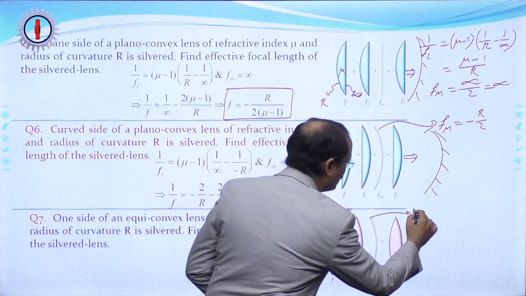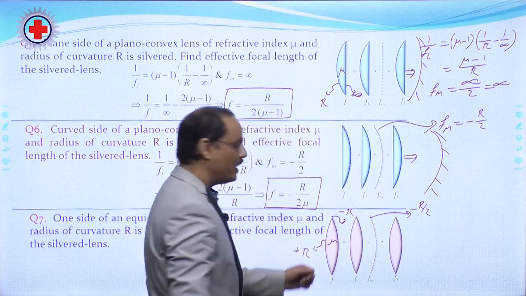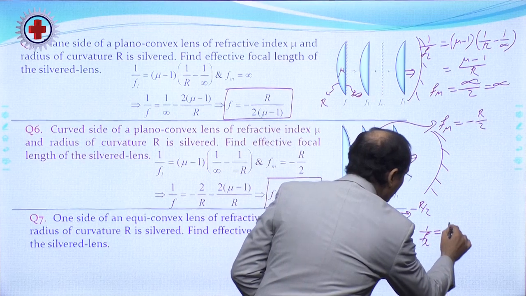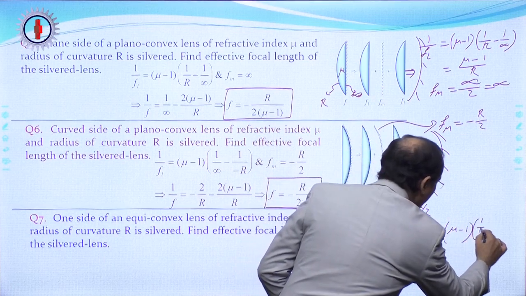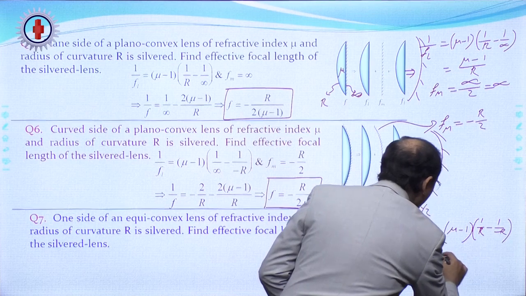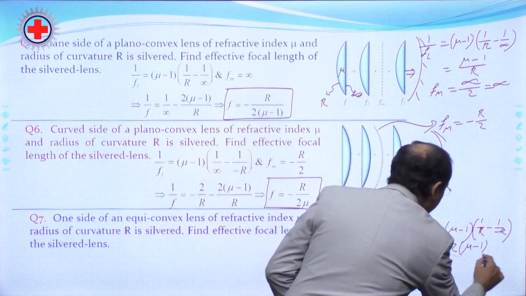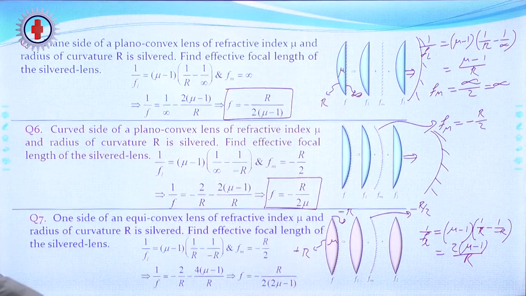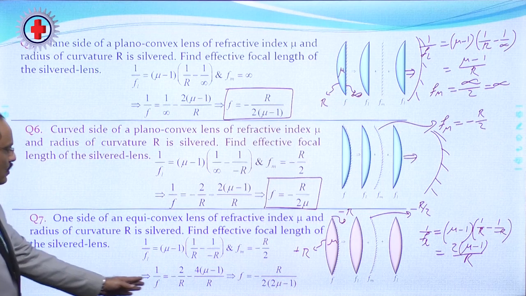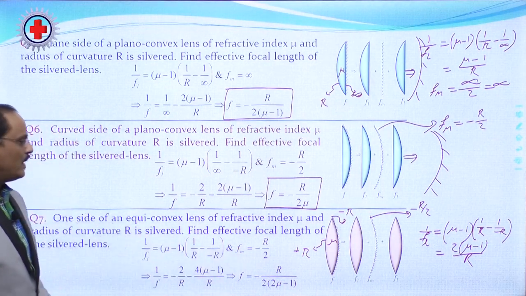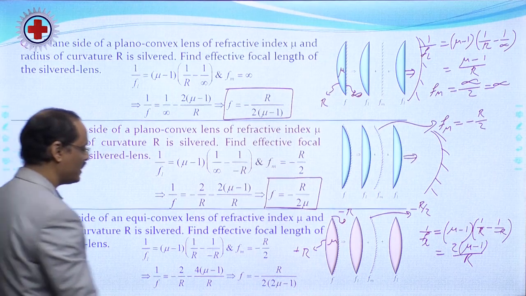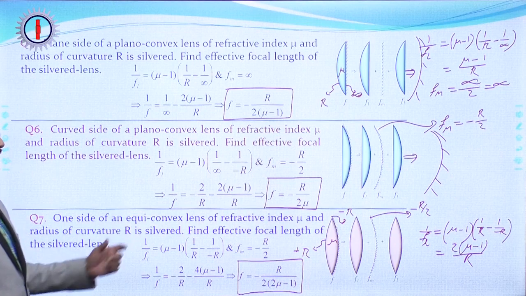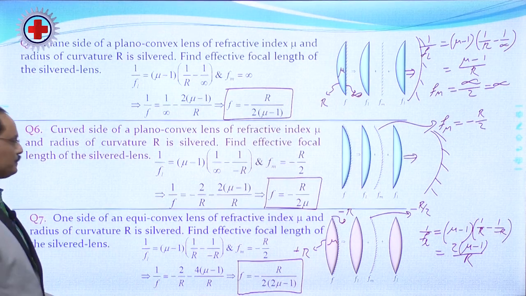For the mirror we have focal length minus r by 2, and for the lens 1 by FL is equal to mu minus 1 into 1 by r minus 1 by minus r, or twice of mu minus 1 by r. If you put those values, we get the focal length to be minus of r by twice of 2 mu minus 1. So, this focal length is even smaller, or the silvered lens is more powerful.